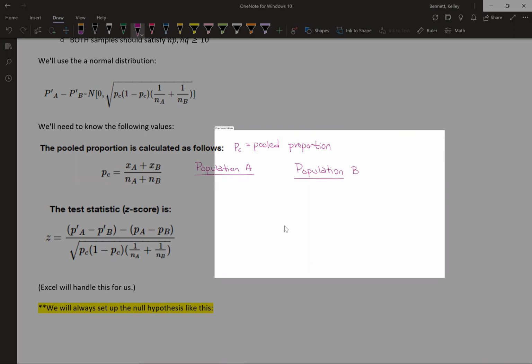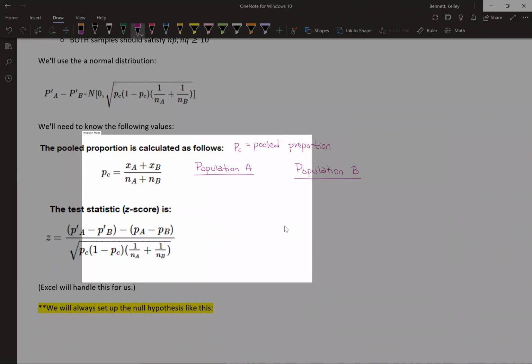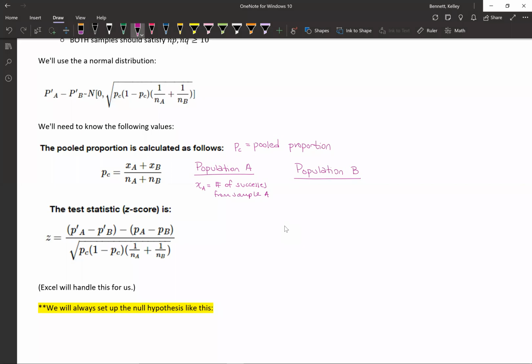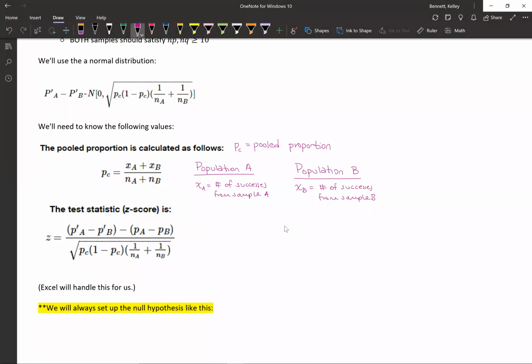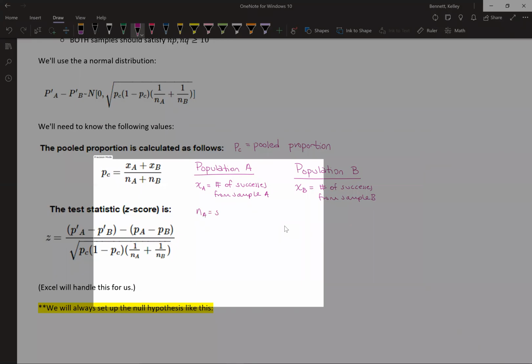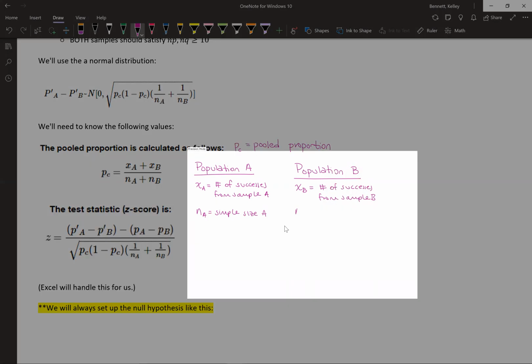But for this notation, we're using A and B. So X sub A is the number of successes from sample A. So sample A is just a sample from population A. And then XB is the number of successes from sample B. We also have NA, this is sample size A. And we have NB.